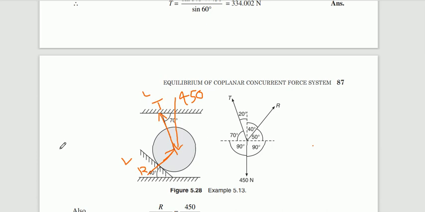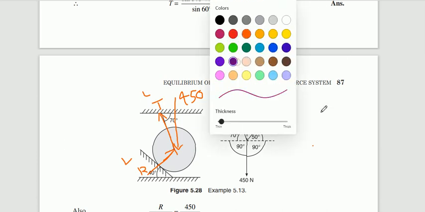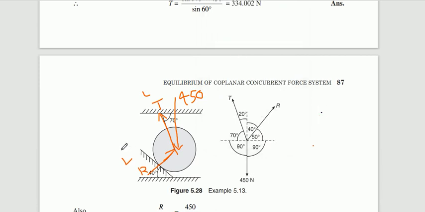So now consider the natural x and y axes in order to draw the free body diagram. This is our natural x-axis and this is our natural y-axis.